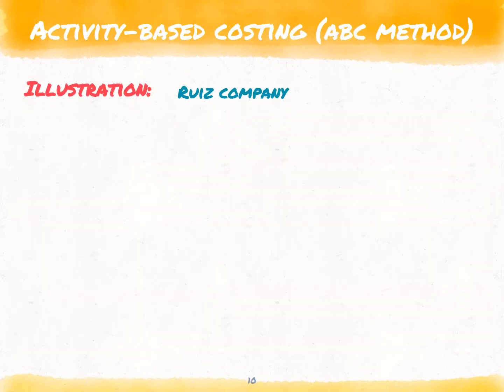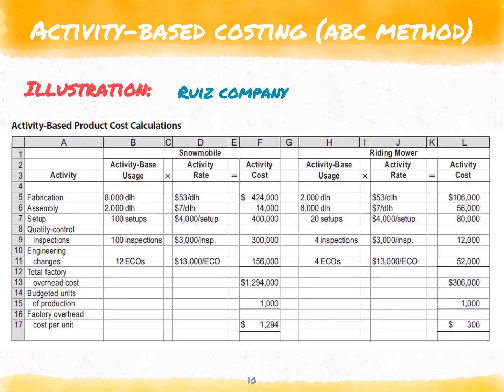Since we already identified our activity rates, we can now allocate the cost to each product by multiplying activity-based usage times activity rate to get the activity cost. For snowmobile, the activity costs are: fabrication $424,000, assembly $14,000, setup $400,000, quality control inspection $300,000, and engineering changes $156,000, with a total factory overhead cost of $1,294,000.